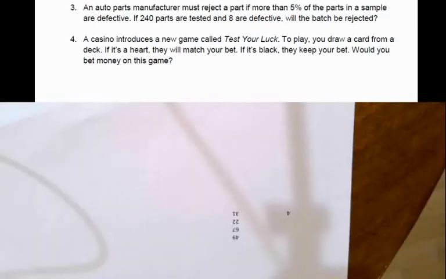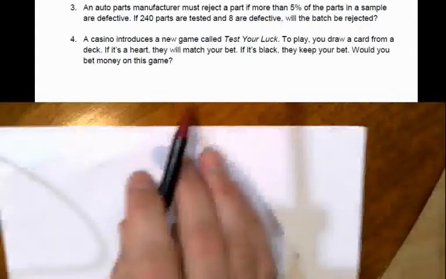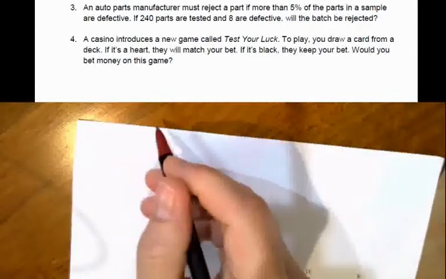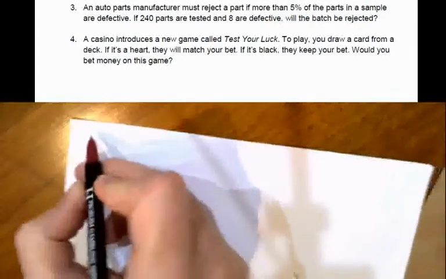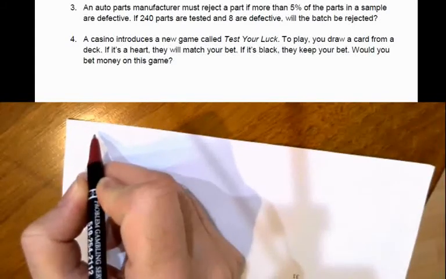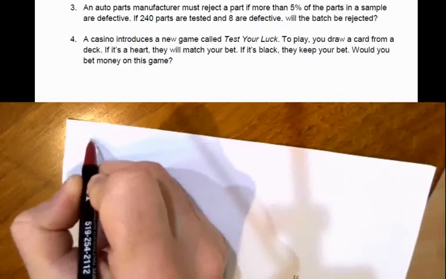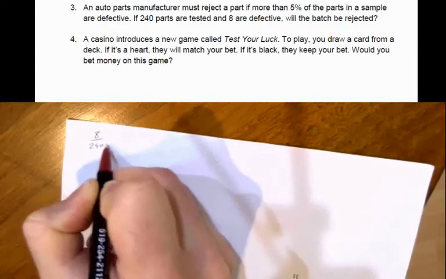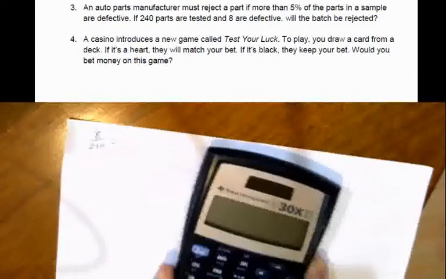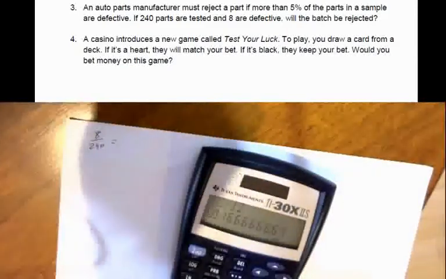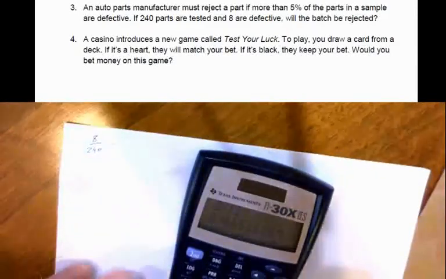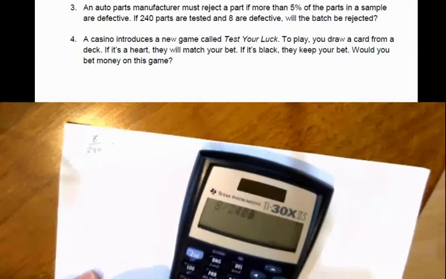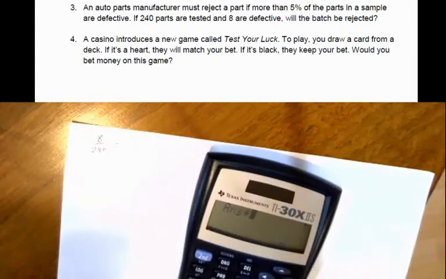What we'll need to do here is determine the probability when we have 8 defective out of 240 parts. So if I just divide 8 by 240 on my calculator, that works out to 1 over 30, I think.